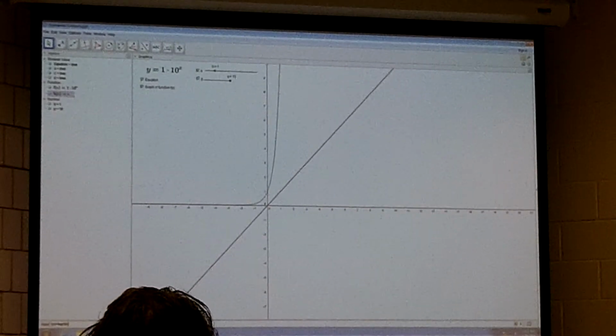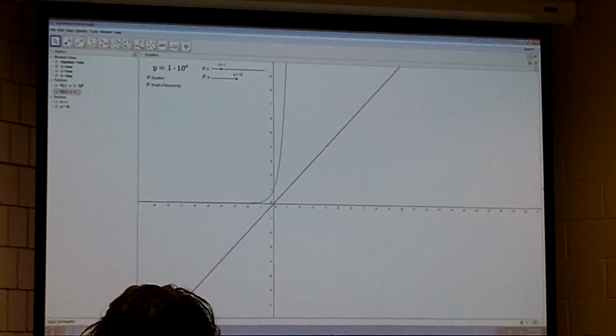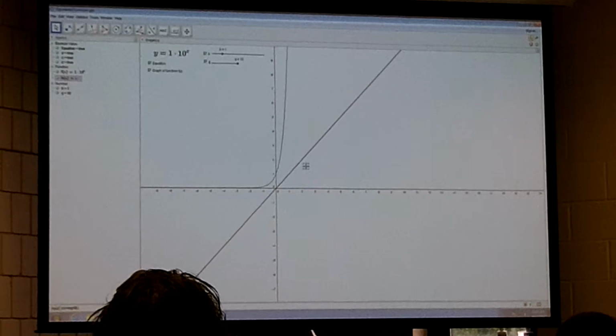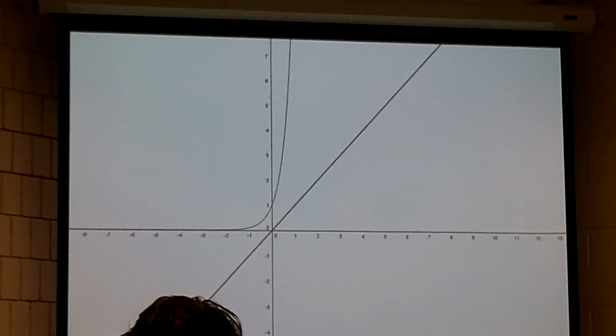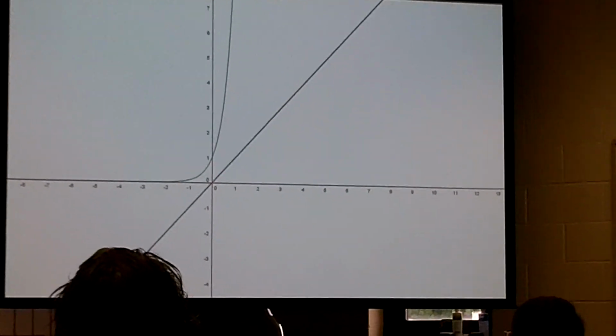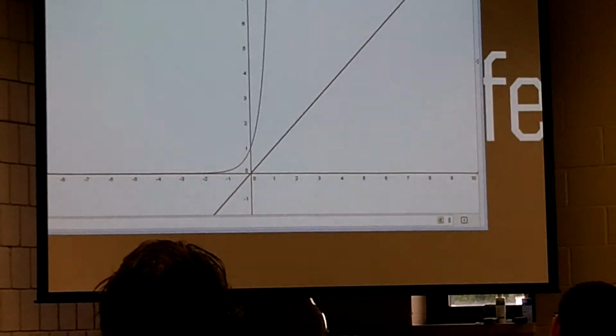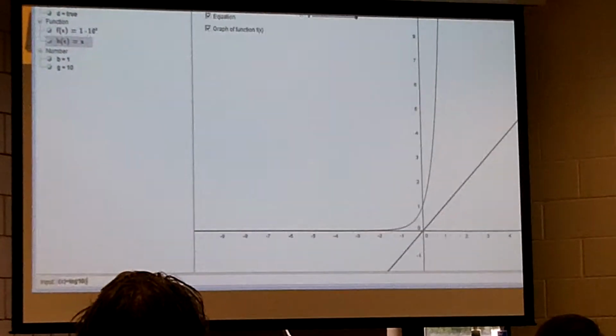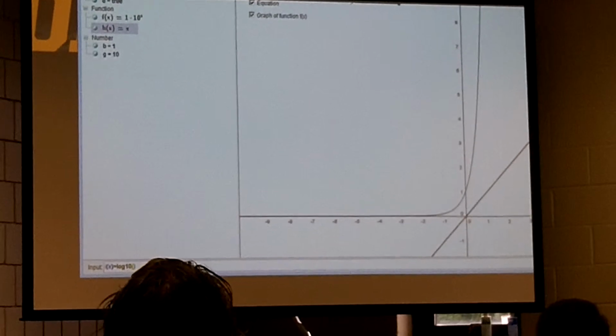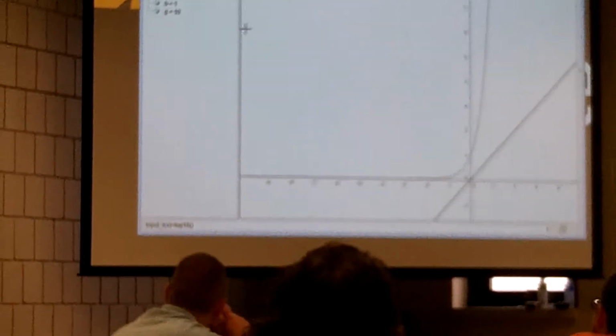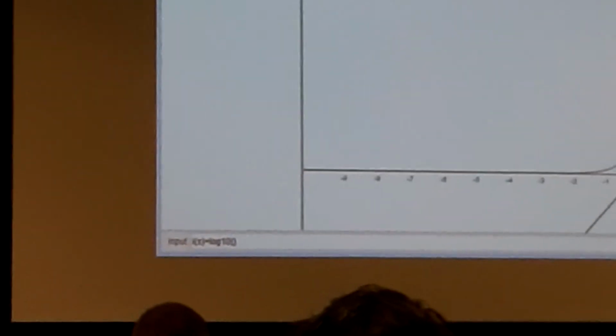And I'll zoom here so you can see what we got going. So this is log to the base 10, and let's just do of x here.